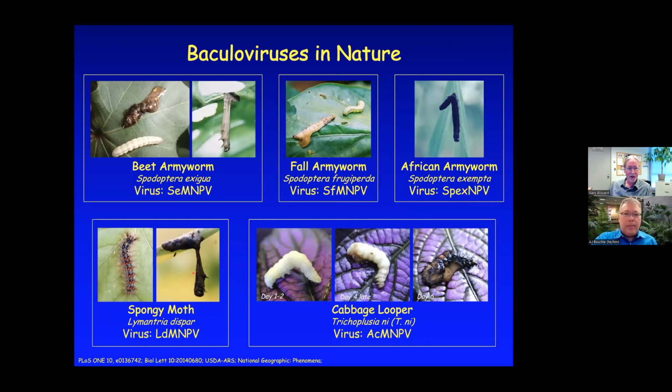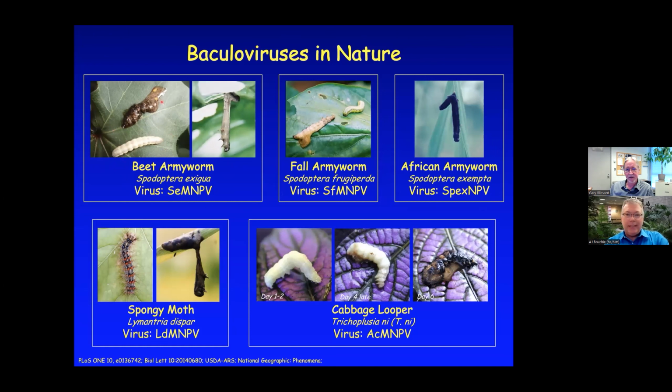So we were talking about baculoviruses, getting back to the topic here. I've just shown some pictures of important baculoviruses and their hosts, the beet armyworm, fall armyworm, African armyworm, and some of the baculoviruses that infect them. In many of these pictures I've shown the healthy larva and the end of the disease state.